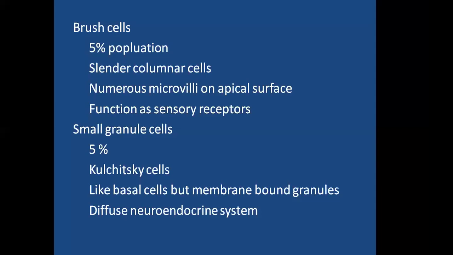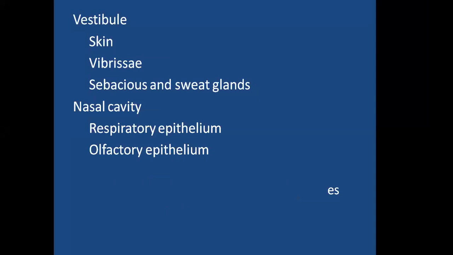The small granule cells are 5% in population. They are also called Kulchitsky cells. And the difference between basal cells and small granule cells is that they contain membrane bound granules, and they are part of the diffuse neuroendocrine system. So this was all about the respiratory epithelium, which consisted of 5 different kinds of cells.